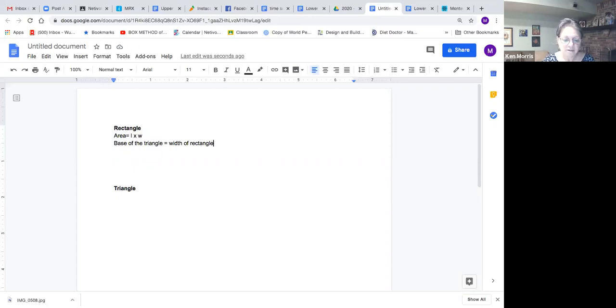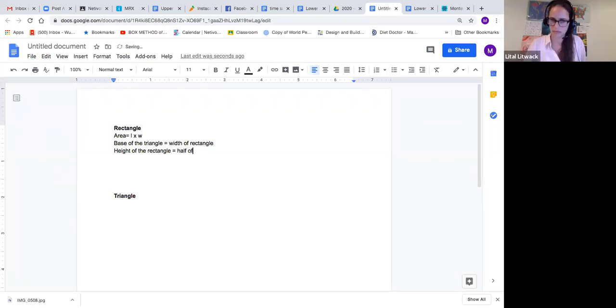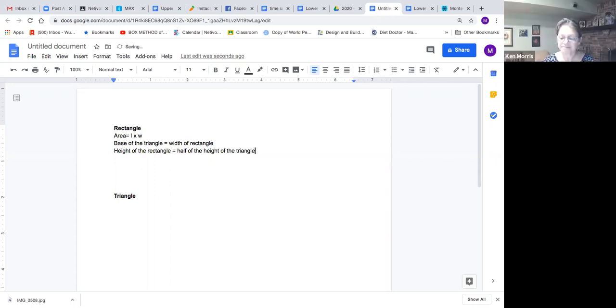So the base of the triangle equals the width of the rectangle. And we also showed that the height of the rectangle equals half of the height of the triangle, right?